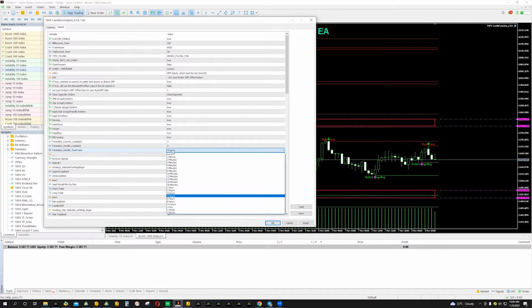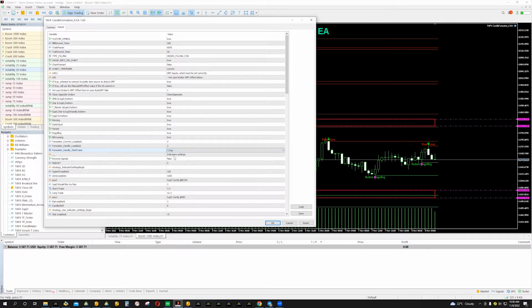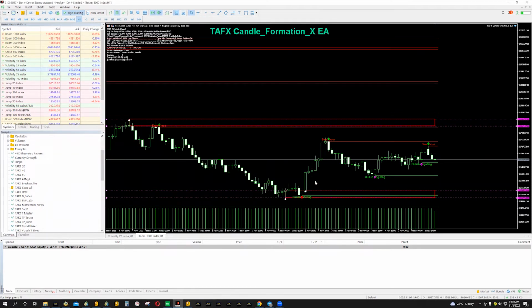This means that if you want to set any of the time frames here, if I set 1 day, daily, or 12 hours, if I pick daily here, it tells you that it will be picking signals in the small time frame wherever you have attached the EA.